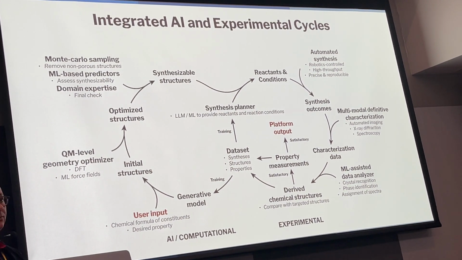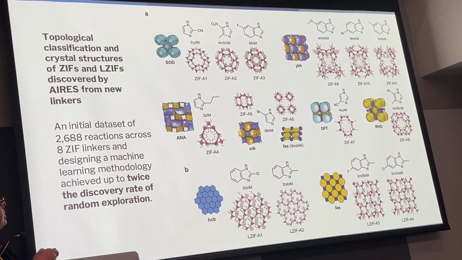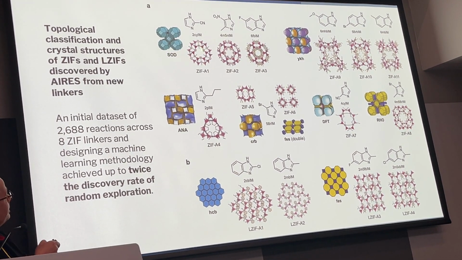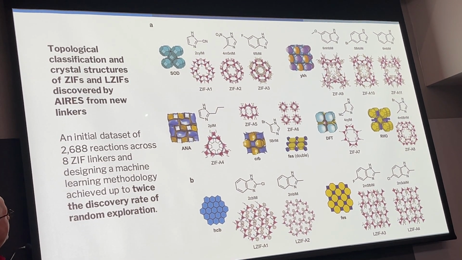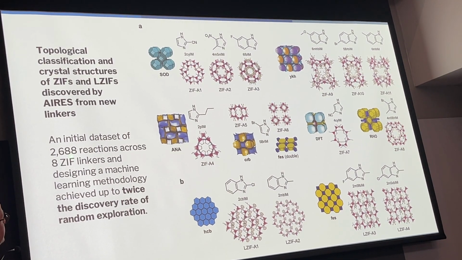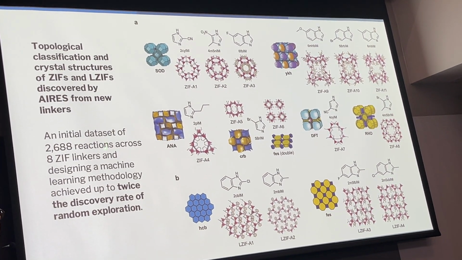So what's the result of this? We chose a subclass of MOFs called ZIFs. Never mind what they are, but they're basically zeolites made from metal-organic components. Our initial data set was about 2,600 reactions, and we used 8 different linkers.